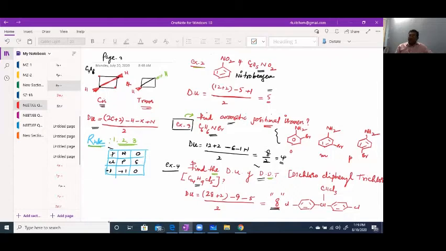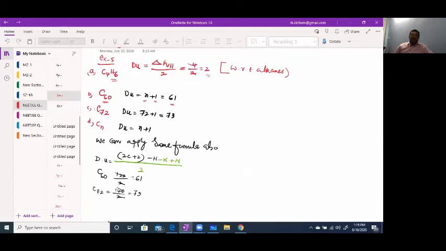Dichloro-diphenyl trichloroethane has 3 plus 3, 6 pi bonds, and 2 rings. 8 is the degree of unsaturation. So degree of unsaturation relates to pi bonds and of course ring structures also.